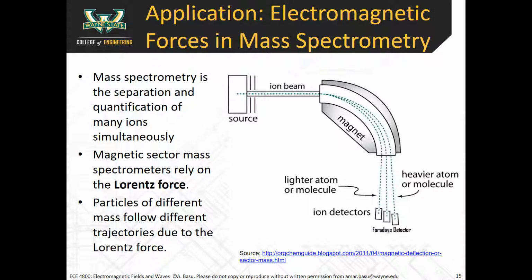So mass spec generally is used by chemists and material scientists and a lot of biologists also, to basically look at what the sample is. I'm trying to explain this in very simple terms. If we want to know what's in a material, and a material is made up of a bunch of atoms, right?